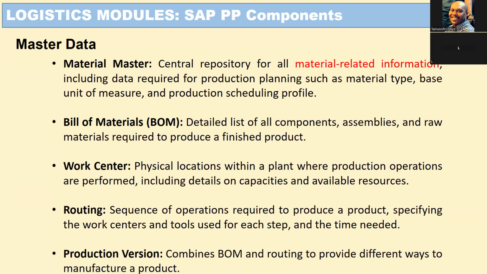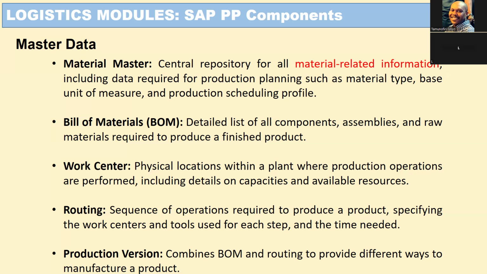We have the bill of materials, which is the detailed list of all components, assemblies, and raw materials required to produce a finished product. We have the work center, which is physical locations within a plant where production operations are performed, including details on capacities and available resources.